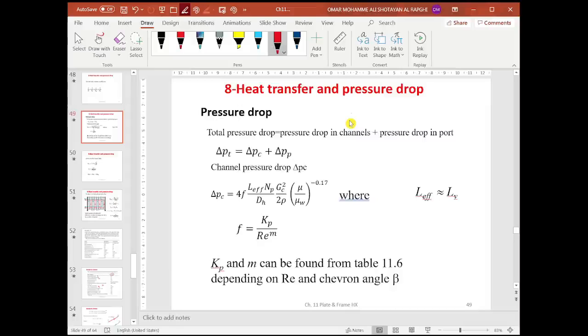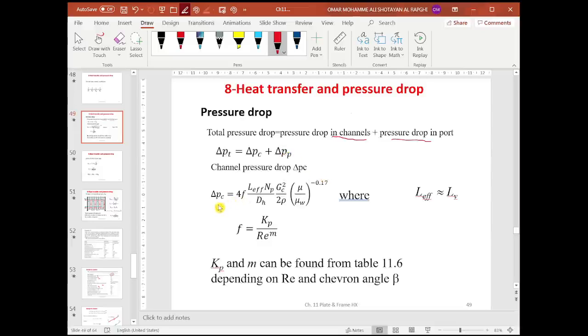The total pressure drop for a gasket heat exchanger is going to be the summation of the pressure drop in the channels plus the pressure drop in the port, which is ΔP total equals ΔP channel plus ΔP port.